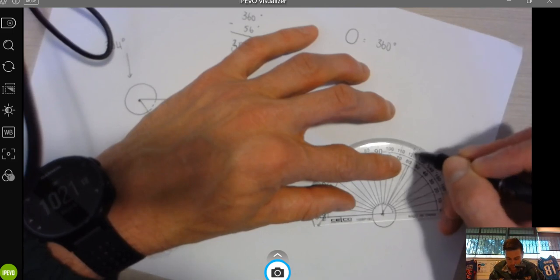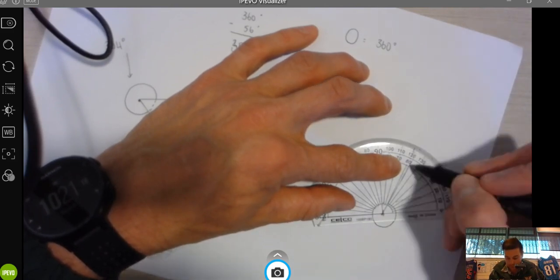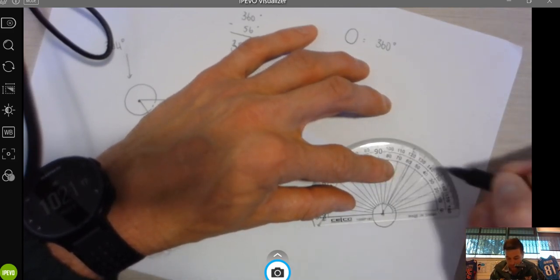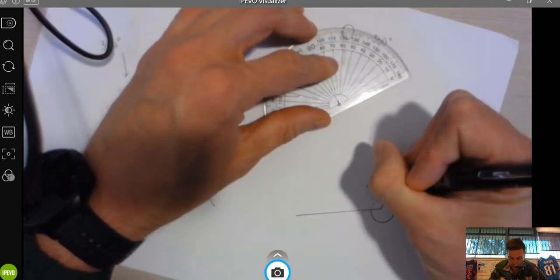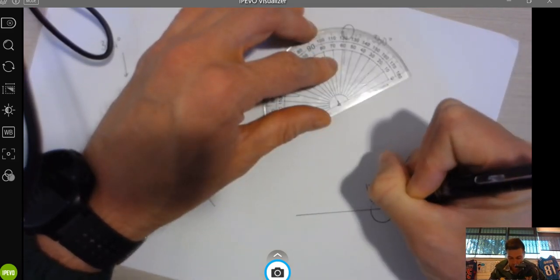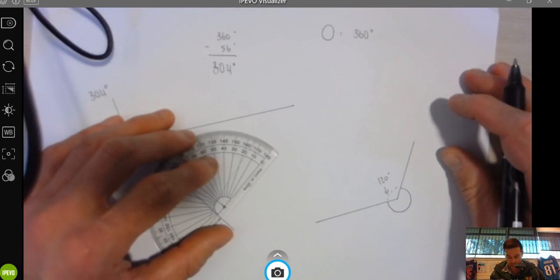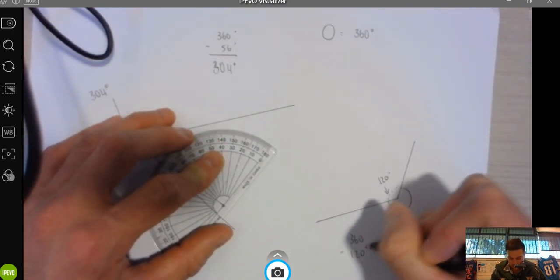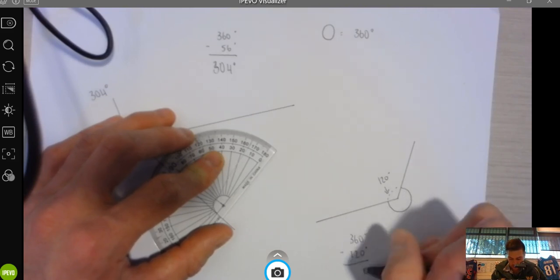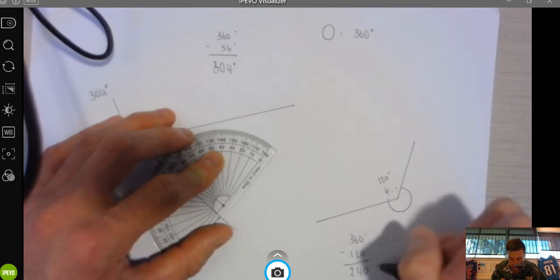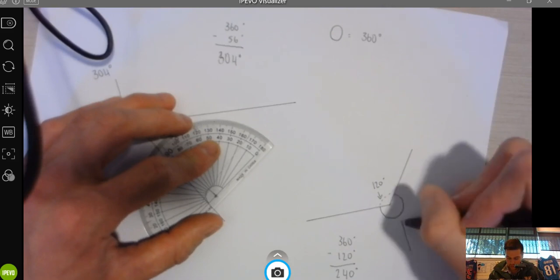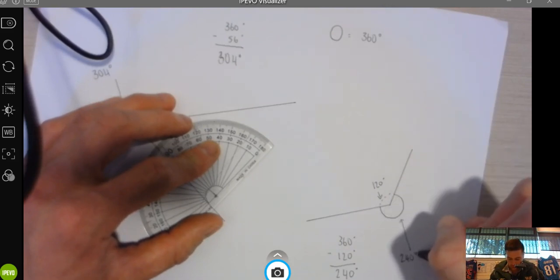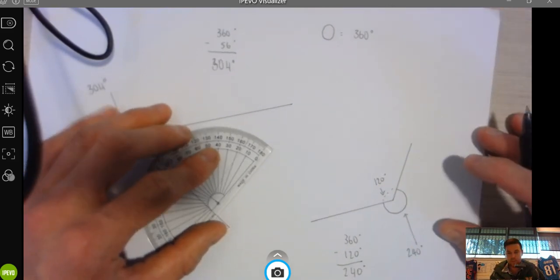Follow that line, okay, it runs through, it's bigger than 90, so that means we're using the outside numbers, okay, so let's say that's 120 degrees on the inside there. Now if we do our takeaway sum again, 360, take away 120, okay, leaves us with 240. So this angle here is 240 degrees.